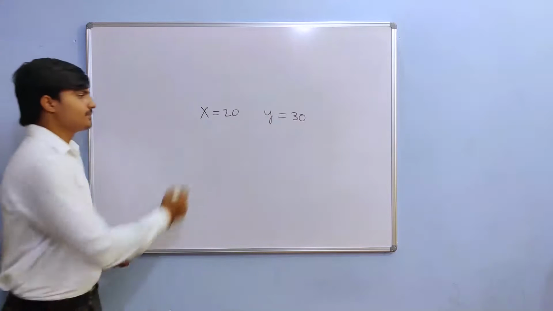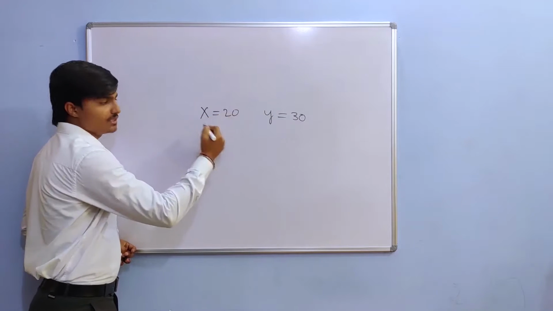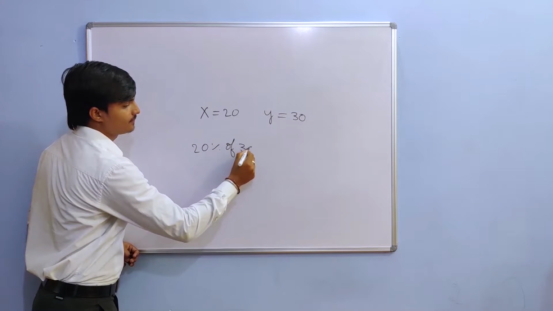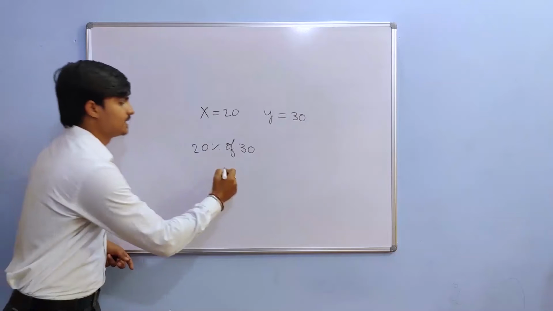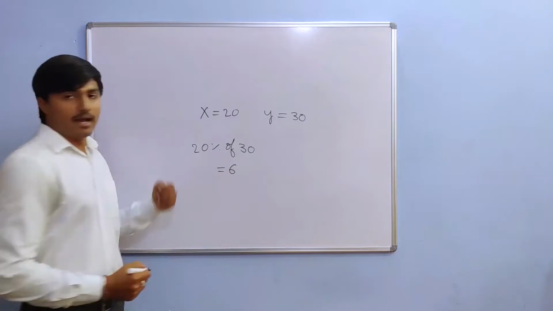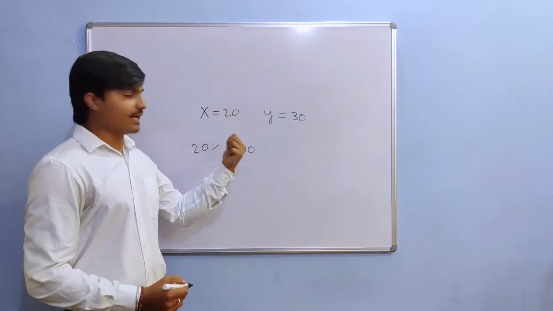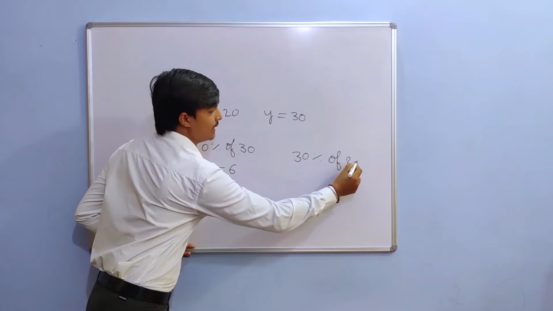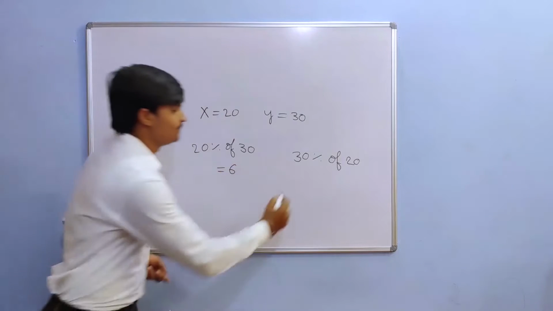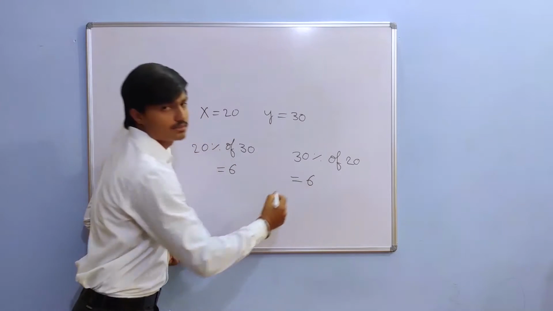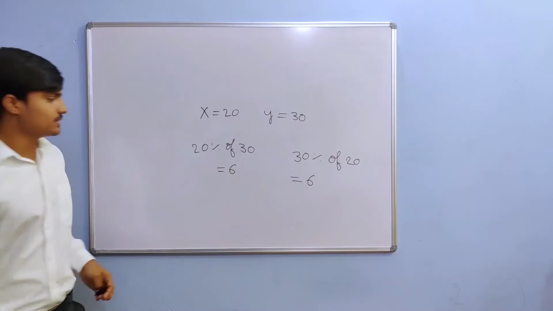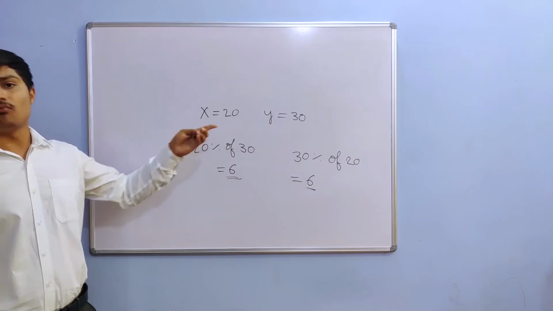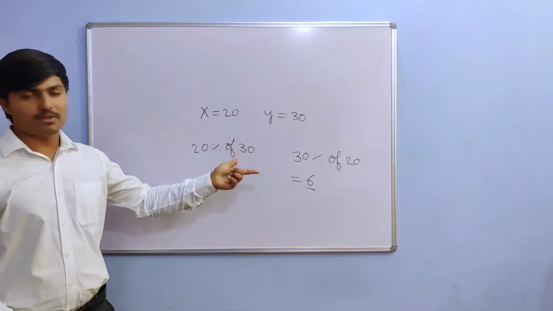Now if I say x percentage of y, that is 20% of 30, which is equal to 6, and also y percentage of x, that is 30% of 20, which is also equal to 6. See, in both the cases, the answer is 6. From this, we can say that x percentage of y is always equal to y percentage of x.